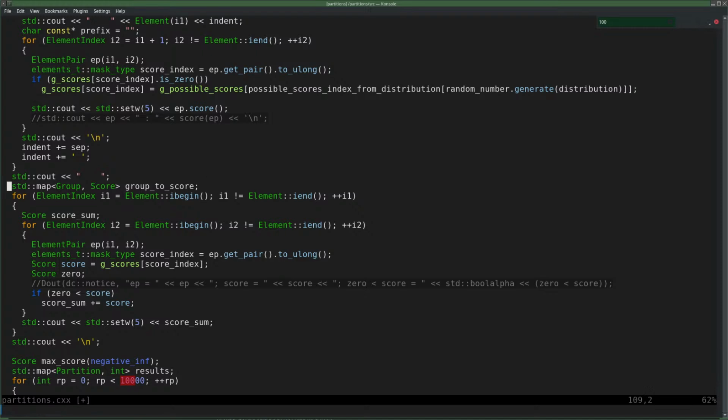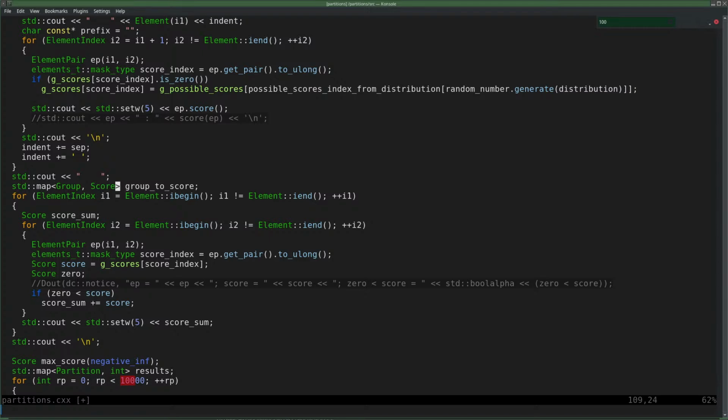It's not really group, it's like the 2-3 groups, so I do not single elements. Single elements are in G scores, where the G stands for global, by the way. Oh, those are scores for pairs only. Those, of course. But I can put them in this map as well.